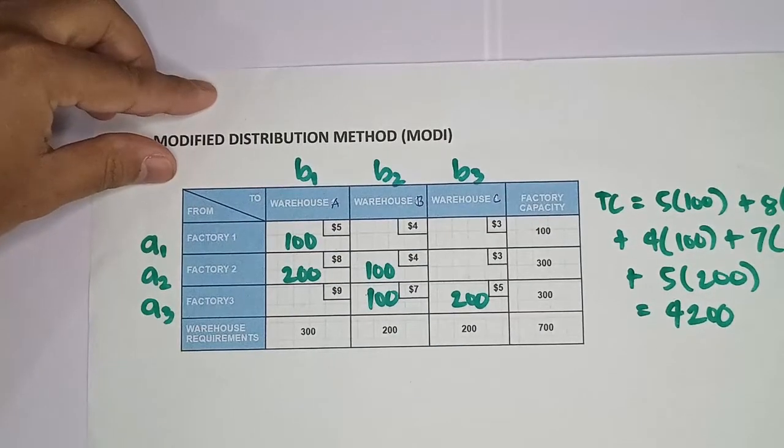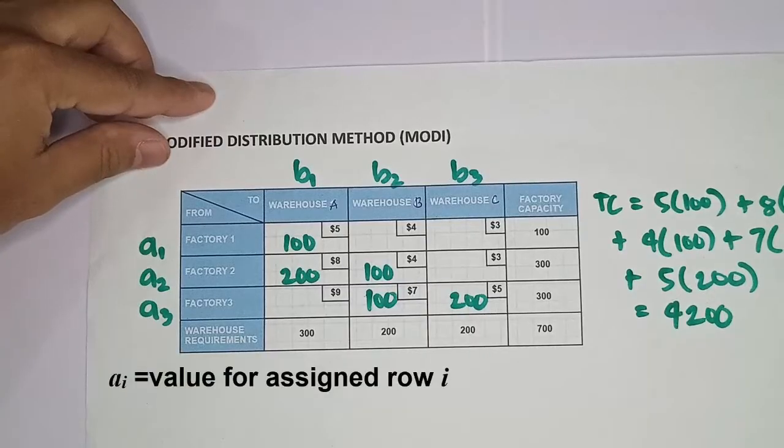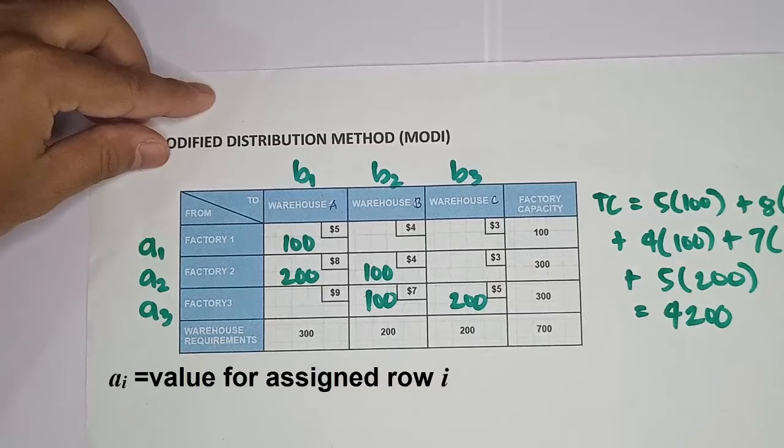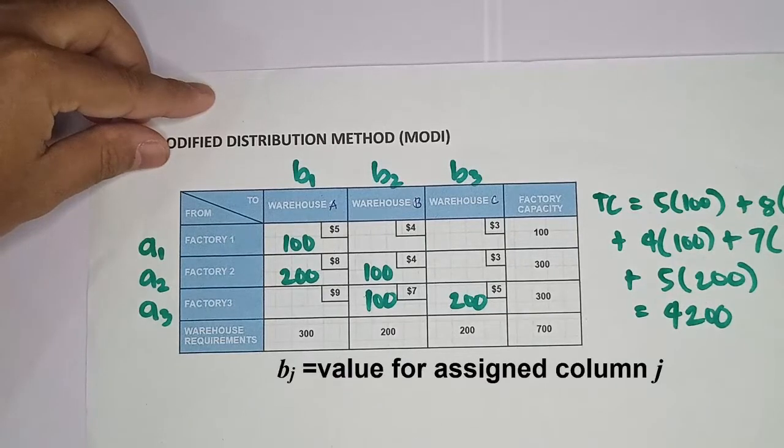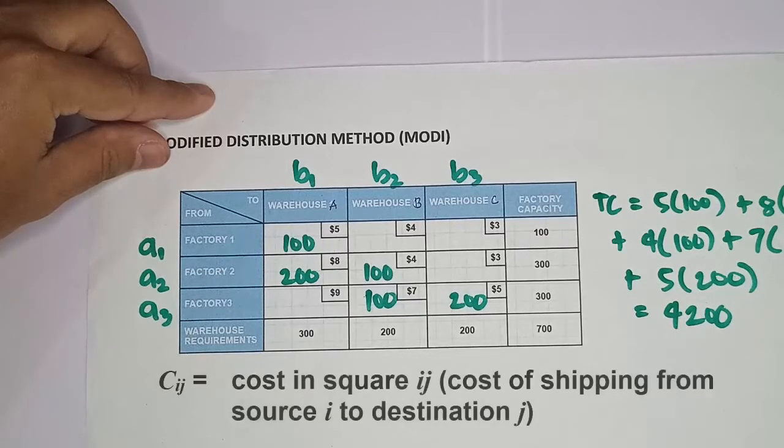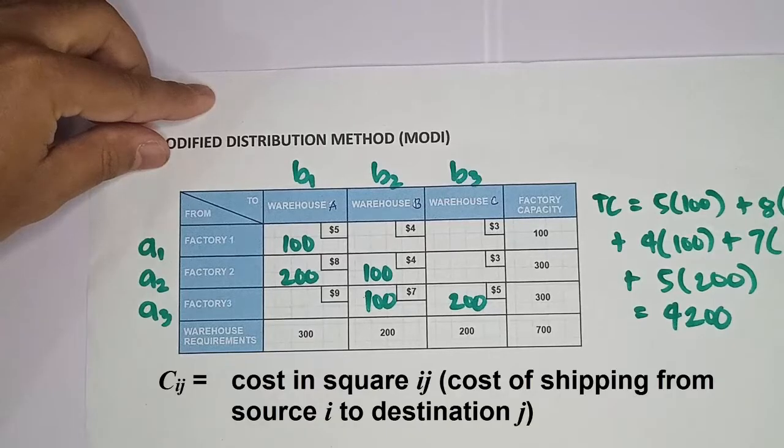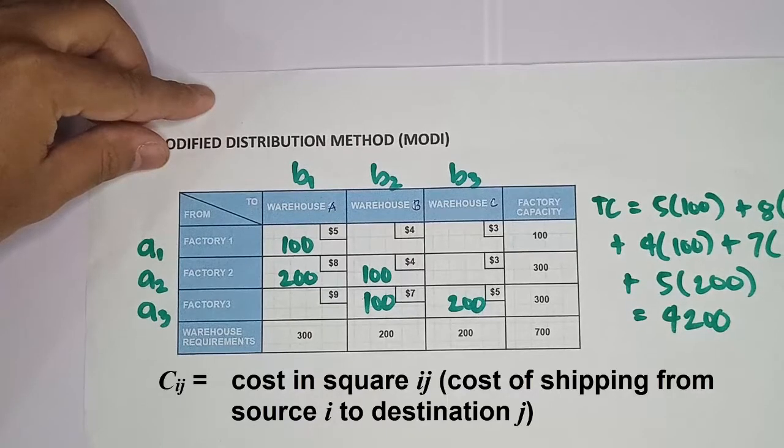In general, we let A sub i equal the value assigned for each row and B sub j the value assigned for each of the columns. C sub ij is equal to the cost in a cell ij, or the cost of shipping from a source i to a destination j.